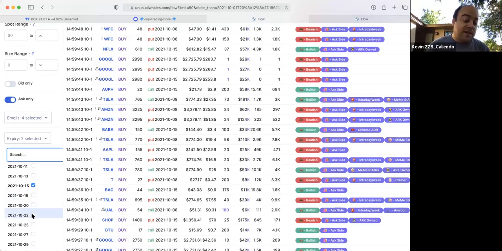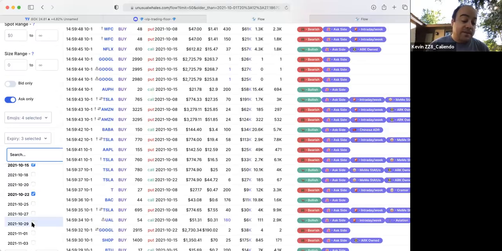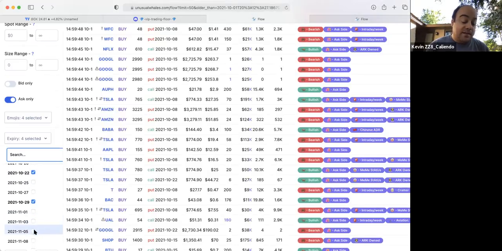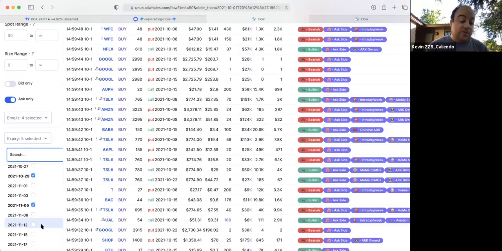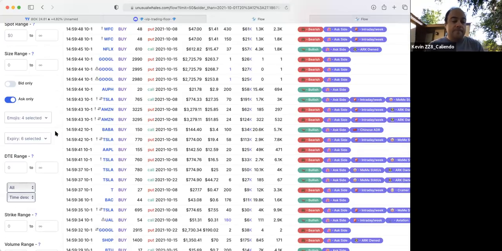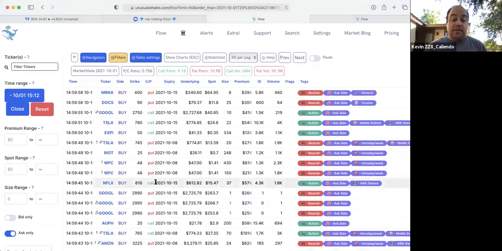So I'll take it to 10-22, 10-29, and starting this week, I took it all the way out to 11-15, just so I can catch those next monthly contracts in my searches. Okay, so there's that. All right, now we're getting close, but as you can see, these are still some really expensive spots.